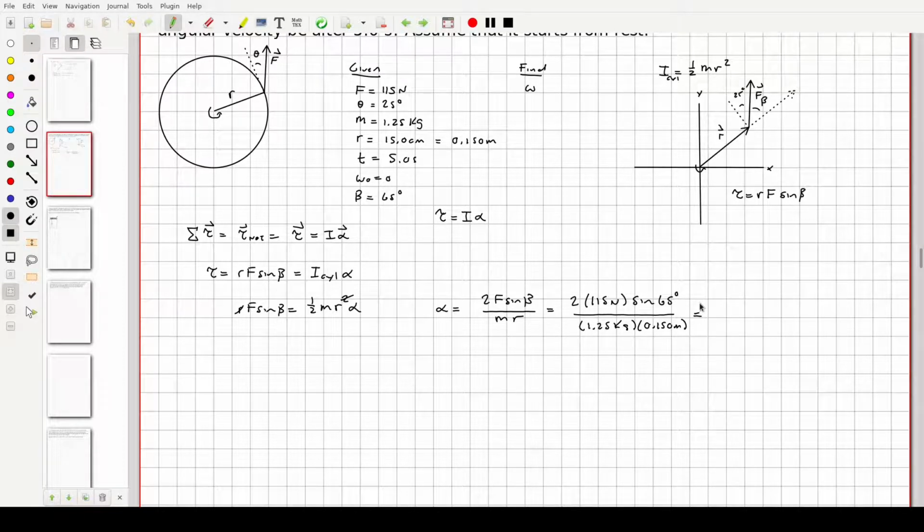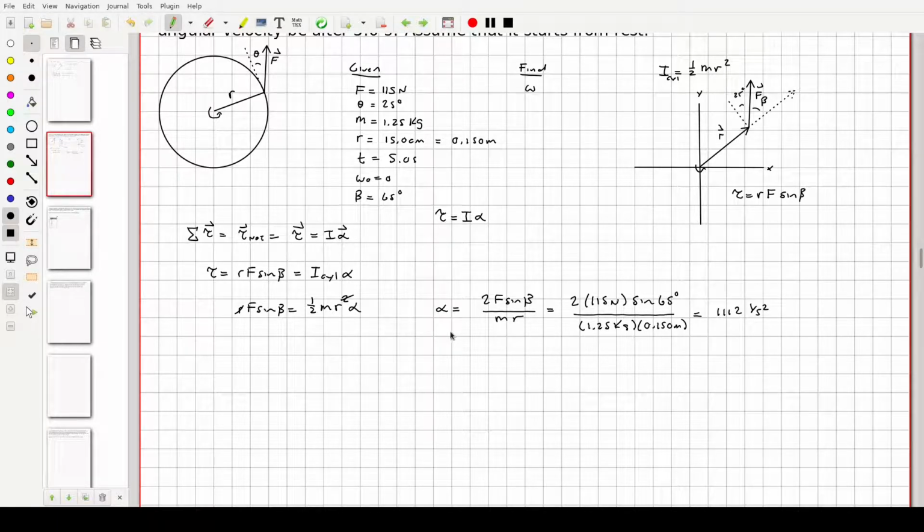Now, if I put this in my calculator, let's see, 2 times 115 times sine of 65, and then I have to divide that by 1.25 times 0.15. I get an angular acceleration of 1,111, actually 1,112 radians per second squared.